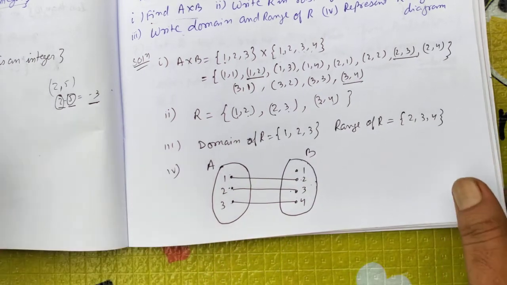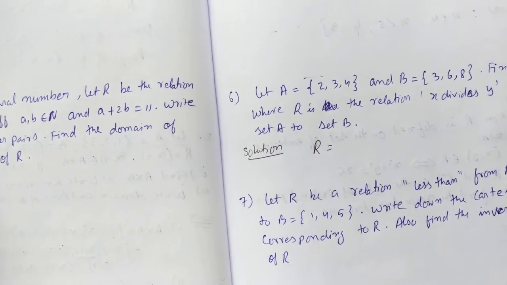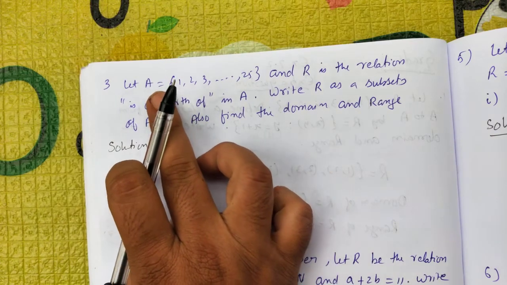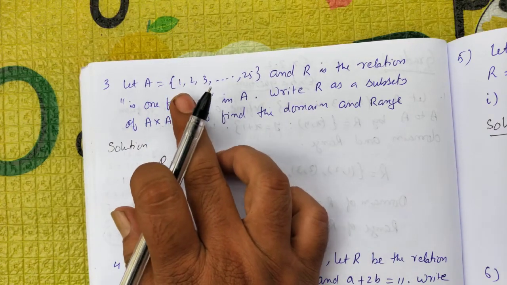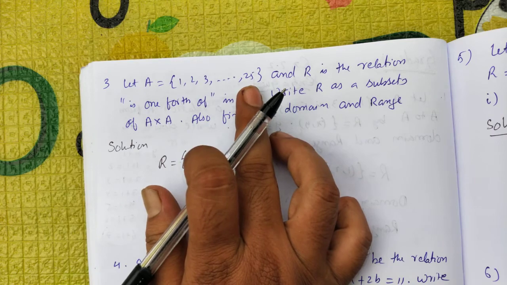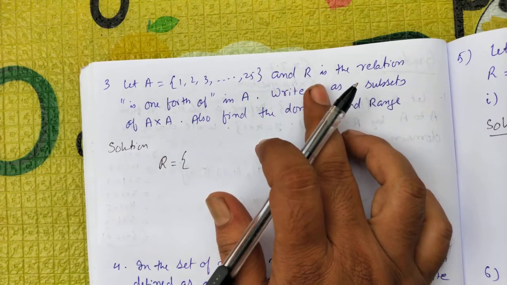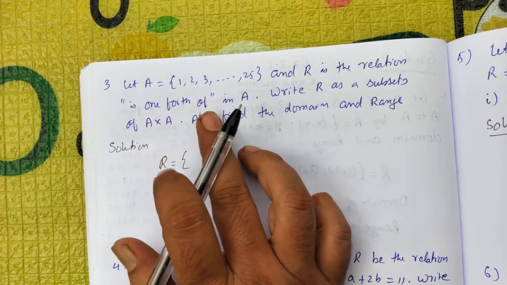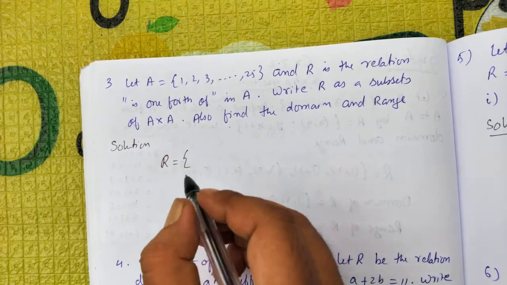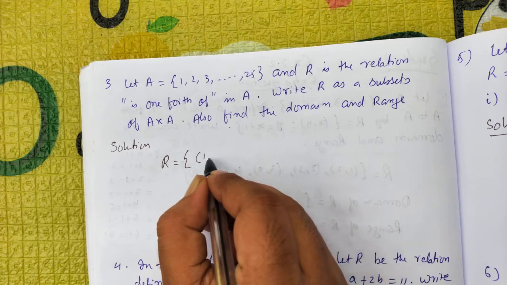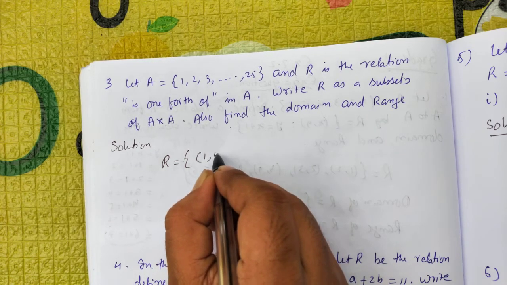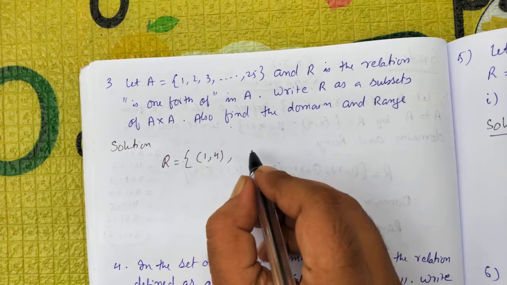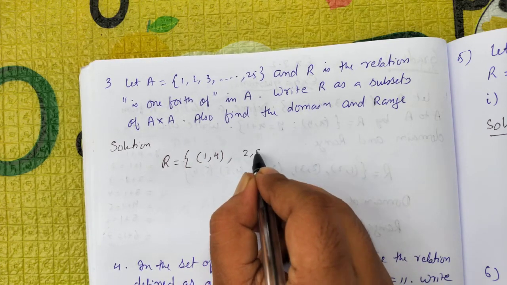Okay. Question number 3. A is a set which contains 1 till 25: 1, 2, 3, 4, 5, 6, 7, 8 till 25. And the relation R is: the first element is 1/4 of the second element in A. So 1 is 1/4 of 4. 2 will be 8.